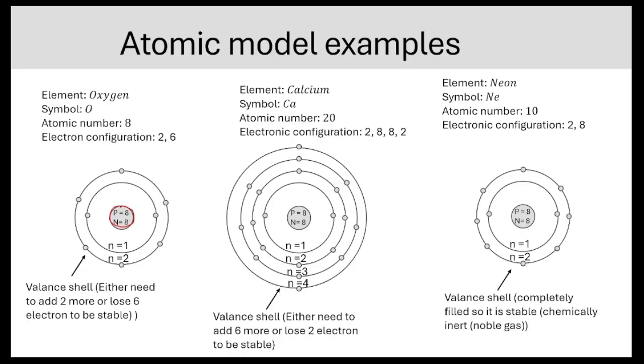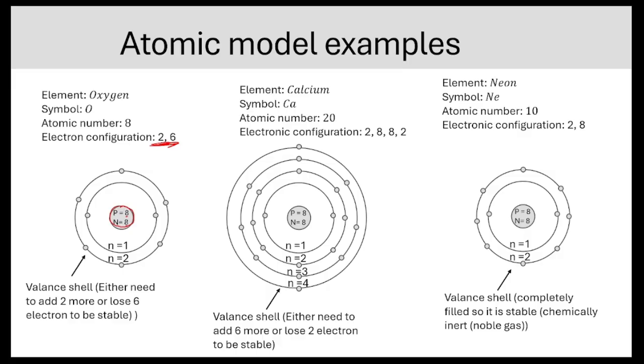The number of protons in oxygen is 8, the number of neutrons is also 8, and the electron configuration is 2, 8.